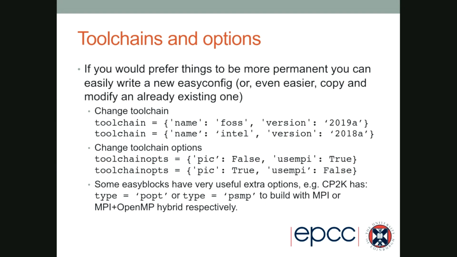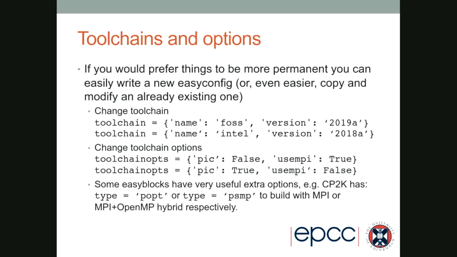If you just wanted to change the version of something, you could very easily copy and modify an existing Easyconfig. You might want to do any of the things here. So there are options for the toolchain options. Do you want to use MPI or not?